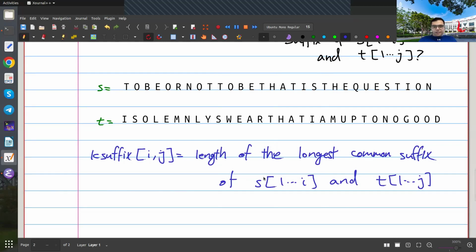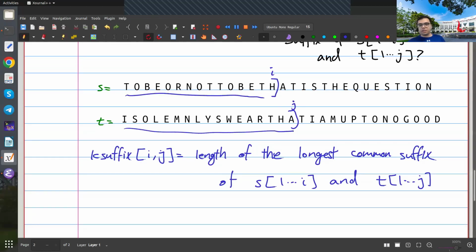Now, I want to find a suffix. So I can do something just like before. I can say, let's say this is i and this is j. I say, does this suffix contain the last letter? It would contain the last letter only if the last letter matches. If the last letter doesn't match, then the answer is just 0, right? So if I have something like this, these 2 strings, they don't have a common suffix.